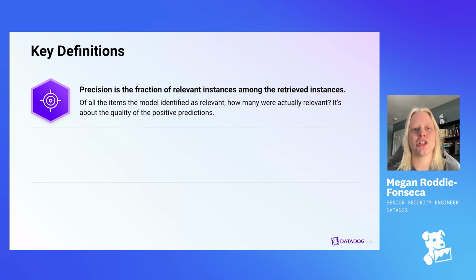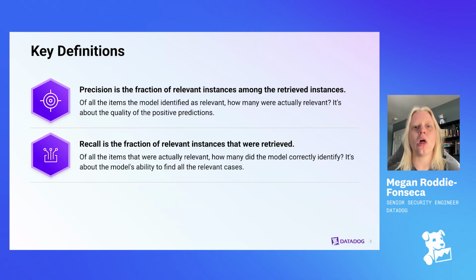Recall is the fraction of relevant instances that were retrieved. So out of all items that were relevant, or true positives, we'll say, how many were correctly identified? So it's about the model's ability to find all relevant cases. So we want all true positives, no false negatives, right?